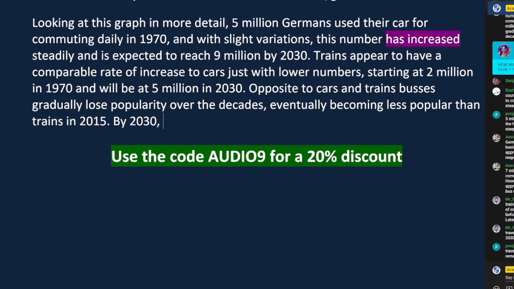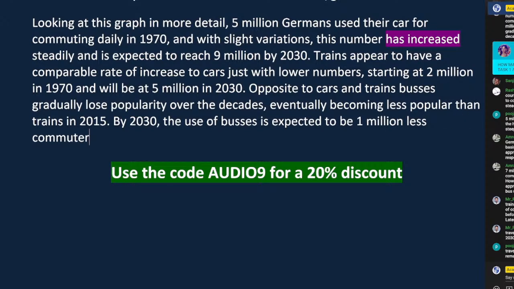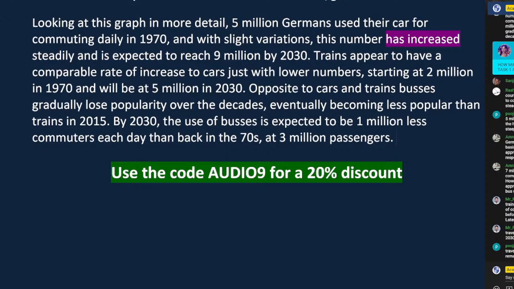So by 2030, the use of buses is expected to be 1 million less commuters each day than back in the 70s, at 3 million passengers.